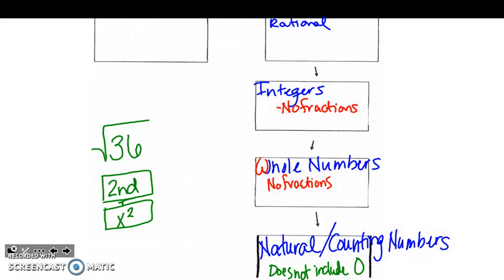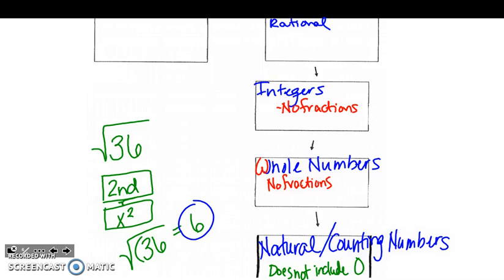And then up on your calculator, this is what you should see. Then you're going to type in 36 and hit enter. So the square root of 36 is the same thing as the number 6. So we're going to classify the number 6, okay?